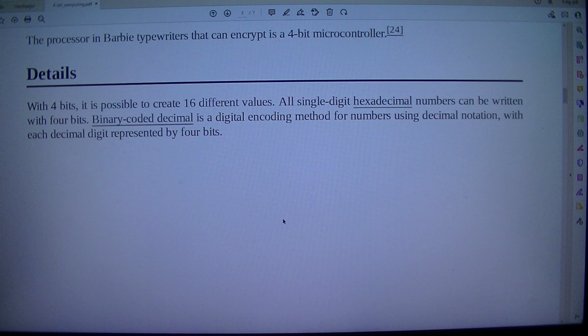Details. With 4 bits, it is possible to create 16 different values. All single-digit hexadecimal numbers can be written with 4 bits. Binary-coded decimal is a digital encoding method for numbers using decimal notation, with each decimal digit represented by 4 bits.